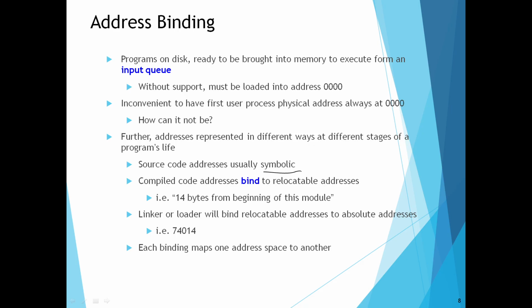During compilation, the compiled code binds the address to a relocatable address, for example, 14 bytes from the beginning of this module. The linker or loader will bind the relocatable address into an absolute address, for example, 74014, that is 14 bytes from the starting address. That address is called the absolute address. So we discussed three addresses: symbolic address, relocatable address, and absolute address.